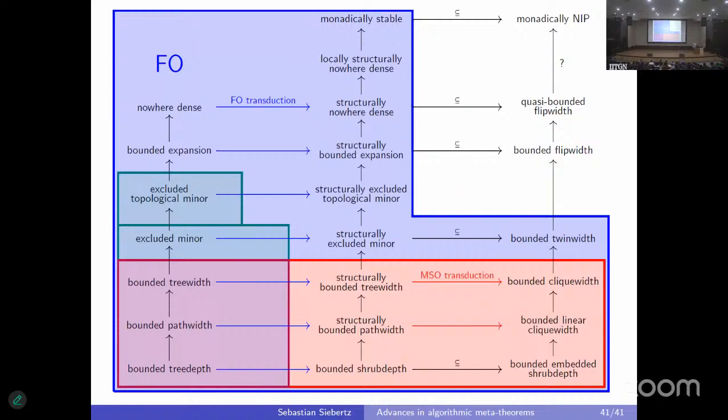So we have this map of the universe here. This is first order and monadic second order. We have explored the tractability of first order model checking, the very nice meta theorem for nowhere dense graphs, and we have the tractability of bounded expansion graph classes. We are trying to push all the way to the conjecture that we can do efficient model checking on monadic dependence classes.